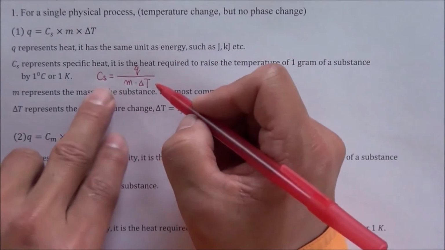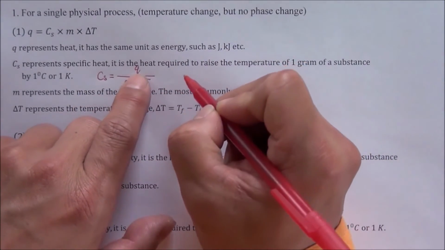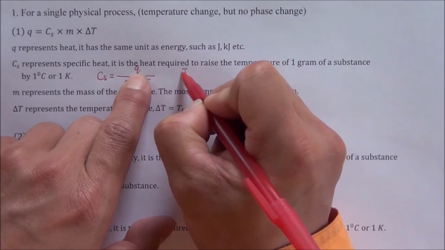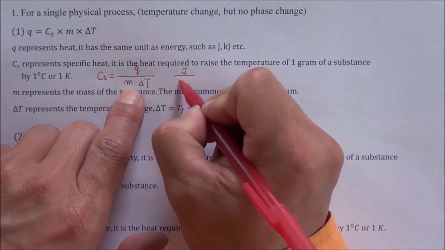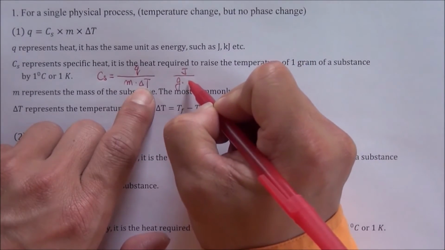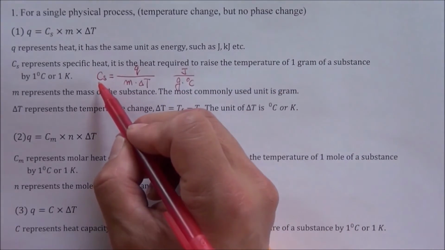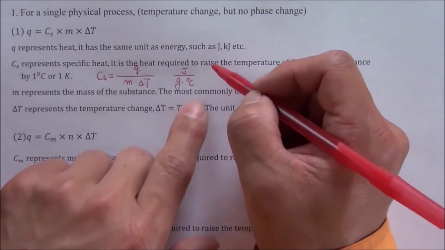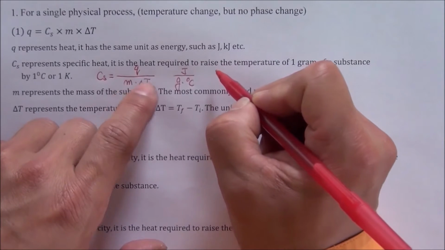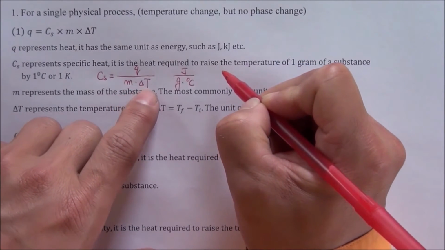If we want to find the unit for Cs, specific heat, we can plug in the unit of heat and the unit of mass and the unit of temperature change. We will get the unit of the specific heat. We can also plug in the other unit for heat, mass, or temperature difference.